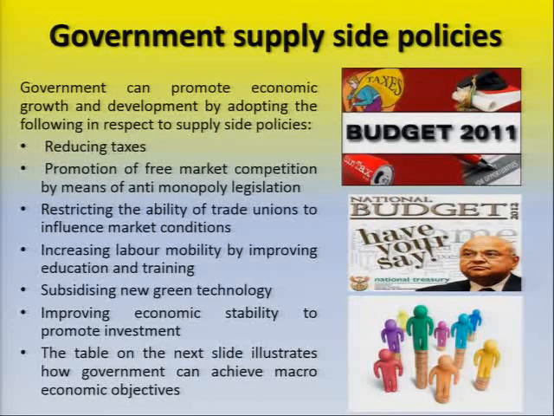The next point is that the government can subsidize the new green technology. We've got this new concept known as the green economy, where we're trying to do things in a way that is not harming the environment. We call that the green economy. So green technology is technology that does not really harm the environment.